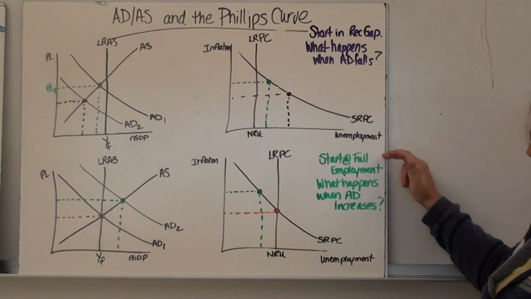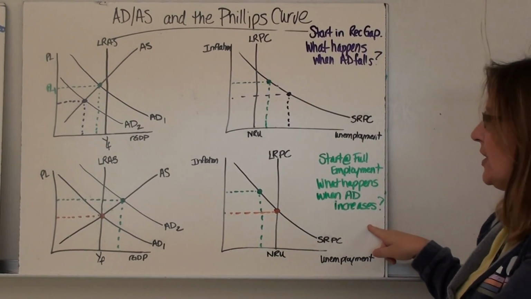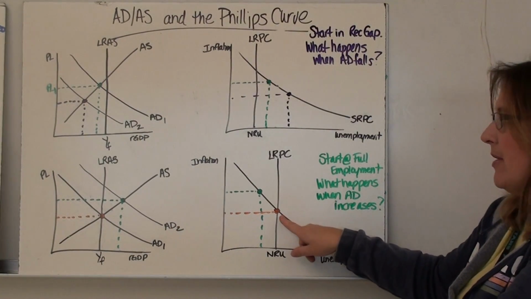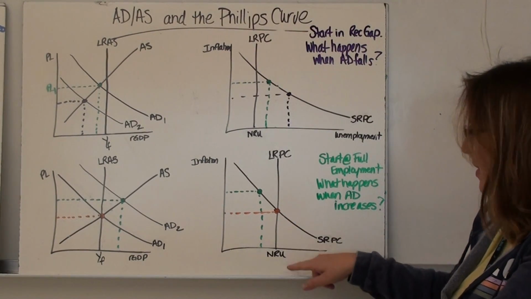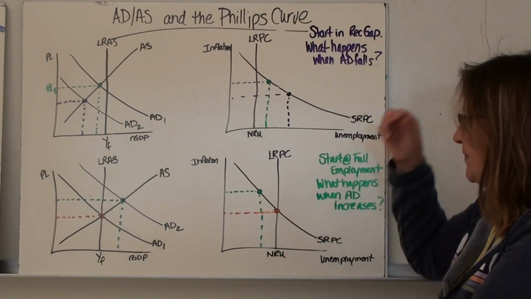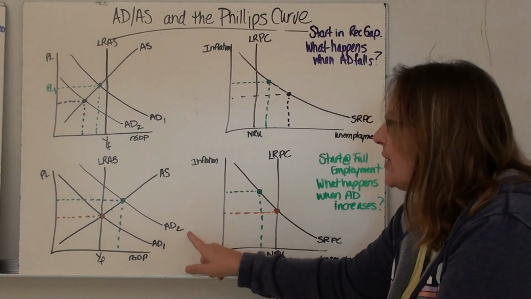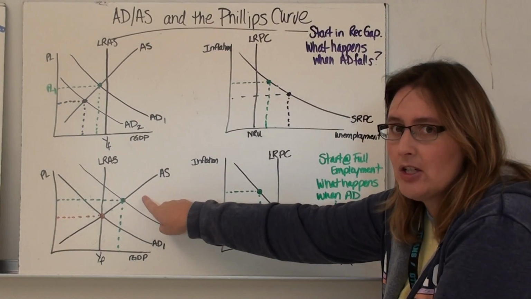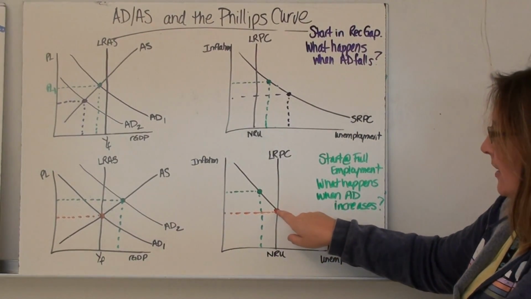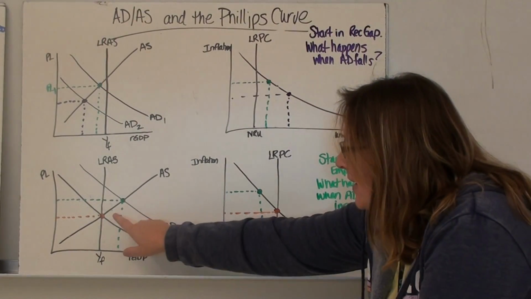The opposite is true. If we start at full employment, what happens when AD increases? Here's full employment on ADAS. Here's full employment on the Phillips curve, because the natural rate of unemployment is basically the same spot as full employment. And AD increases, so it puts us out here in this inflationary gap. We go from full employment here, and we want to go in the opposite direction.